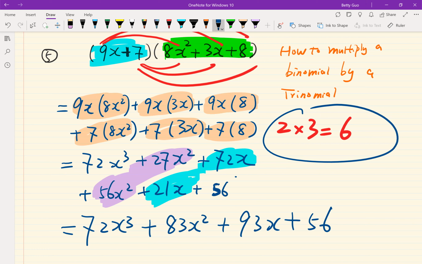Okay? Tell me, what's the degree of the blue? Degree 1. What's the degree of the green? Degree 2. So the answer is a polynomial with degree 3.